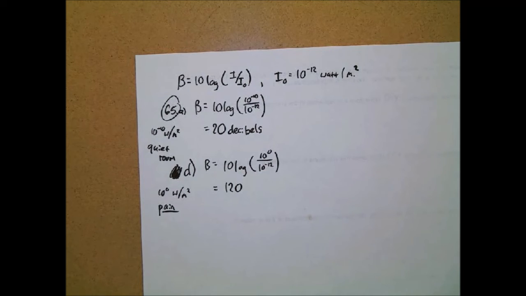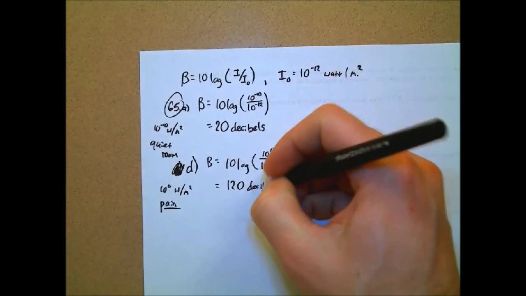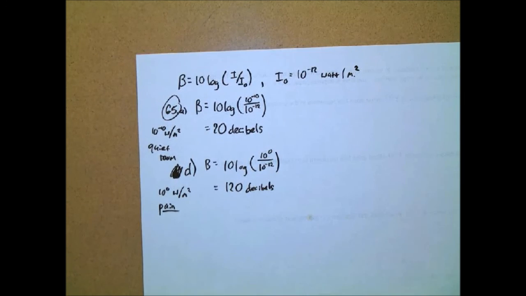So 0 minus negative 12 gives you positive 12. So this is 10 to the 12th. Log of 10 to the 12th is 12, because it's log base 10. So 12 times 10 gives you 120 decibels. 120 decibels, and then you can start feeling pain.